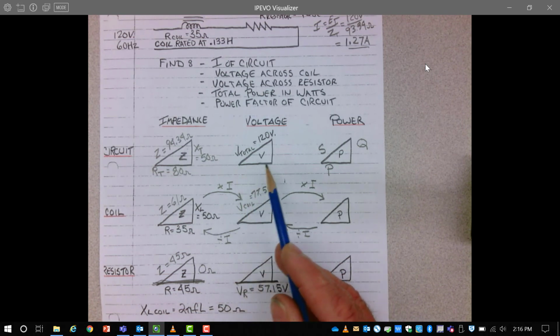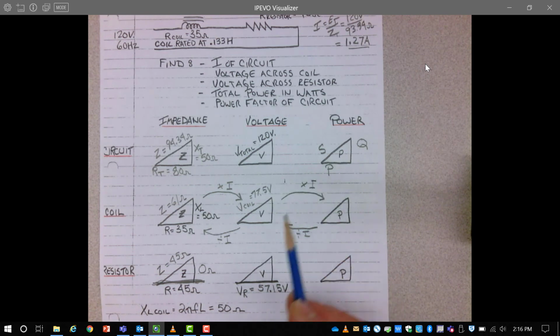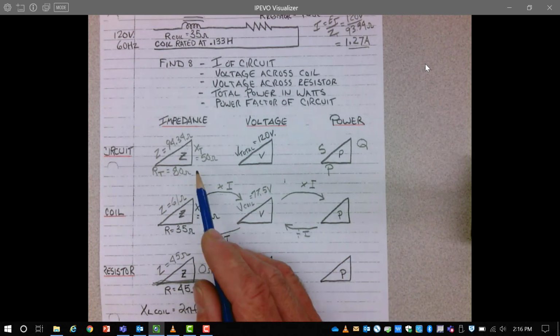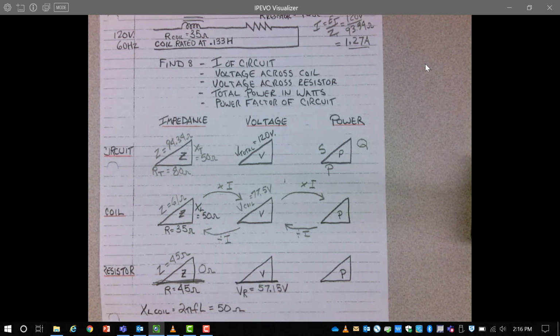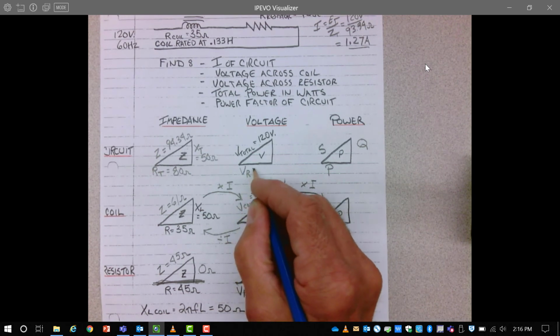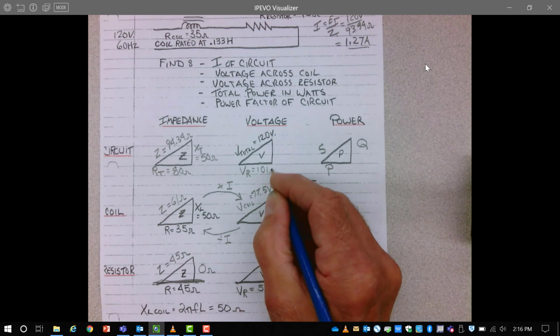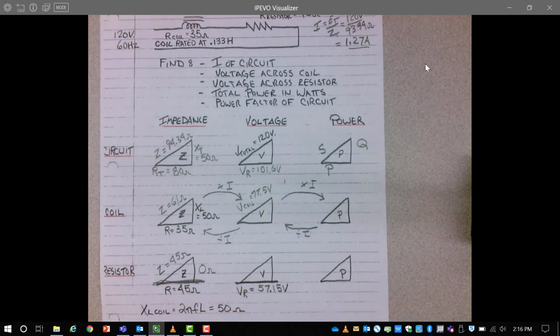And I can take that value, multiply by the current again to get the true power in watts. So if I take 80 ohms times 1.27 amps, I get for a resistive voltage 101.6 volts.